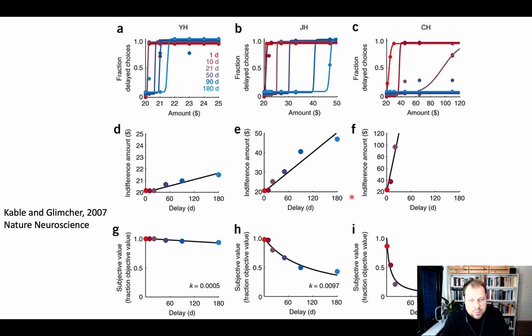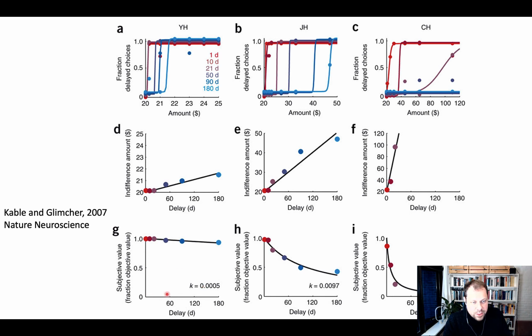For an intermediate person, the indifference amount at 180 days was close to $50, and this one didn't even have an indifference amount for 120 or 180 days. And even for small delays, the indifference amount was already at $100. So this person is extremely impatient, and you had to basically pay him a lot to wait.